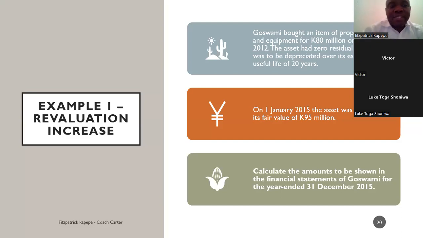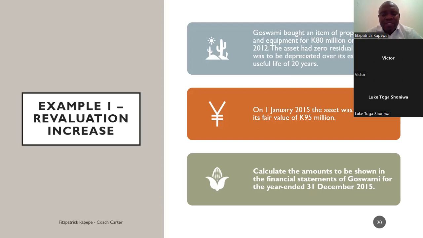So let's look at this question. Example 1, revaluation increase. It reads: Goswami bought an item of property, plant, and equipment for 80 million on 1st January 2012. The asset had zero residual value and was to be depreciated over its estimated useful life of 20 years.